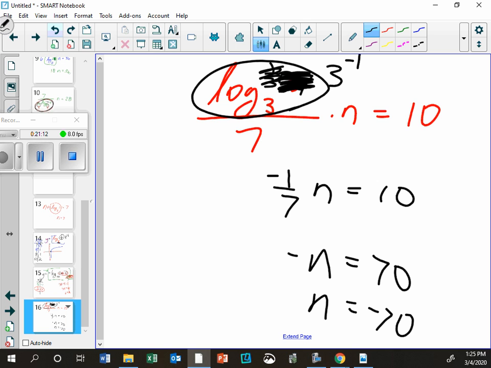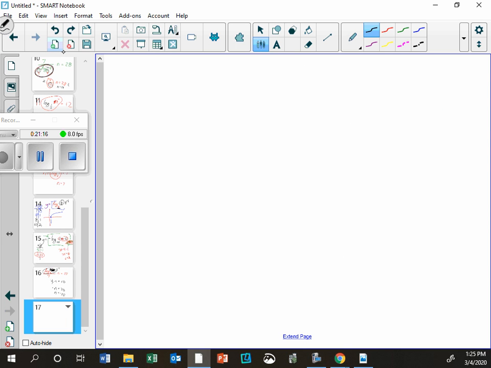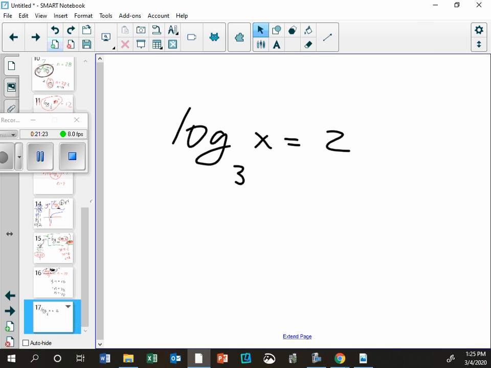Okay. Now, here's the simpler ones, but they look different. So I don't know. It might be hard for you, but I don't think it should be. Log base 3 of x equals 2. Solve for x. The number one thing that I said on the first day was you got to know how to rewrite.